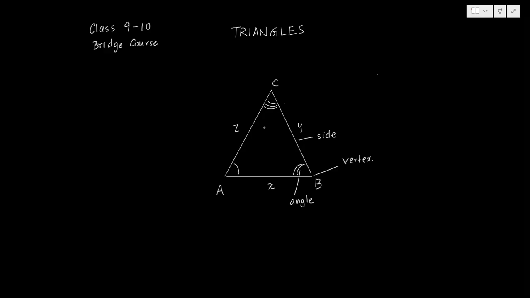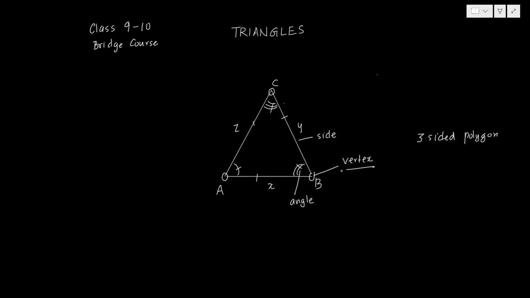Okay, first of all, what is a triangle? A triangle is a three-sided polygon, which we know. It has three sides, first side, second side, and third side. It has three angles, first angle, second angle, and third angle. And then it has three corners or vertices in plural.